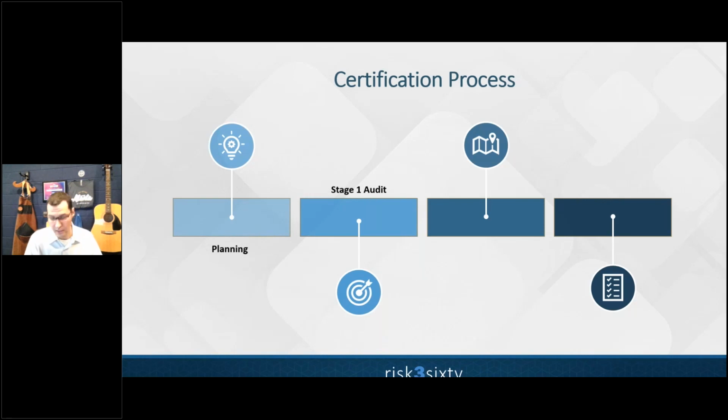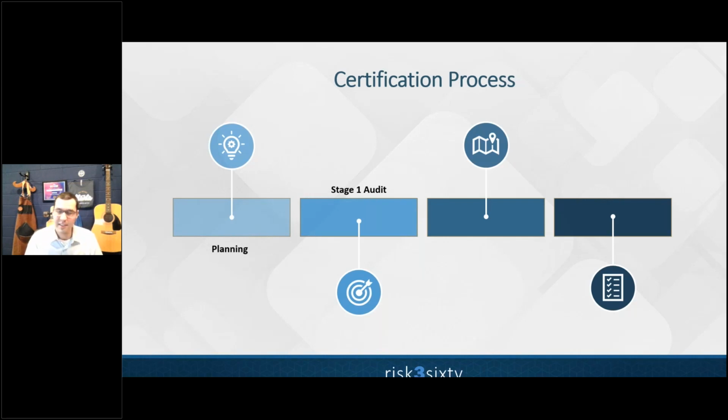Like I mentioned, the external audits focus heavily on the PIMS or integrated management system. So in the stage 1 audit, most of it will be just looking at your PIMS, verifying at a slightly higher level that you've really implemented a PIMS.